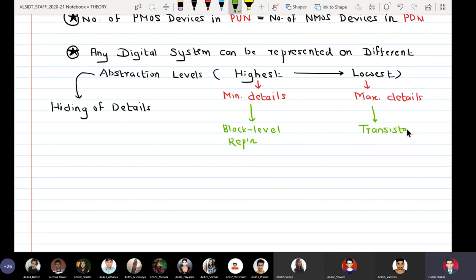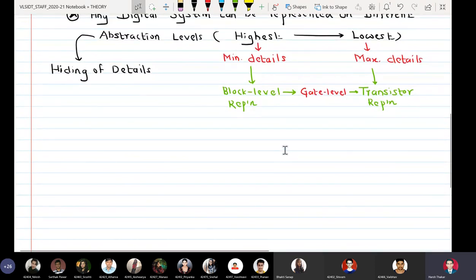We know that transistors are made up of electrons and holes, but we do not represent that kind of detail on paper. One level above this can be the gate level, and between them and the block level there can be a gate level. So any digital system we can have at gate level or transistor level.